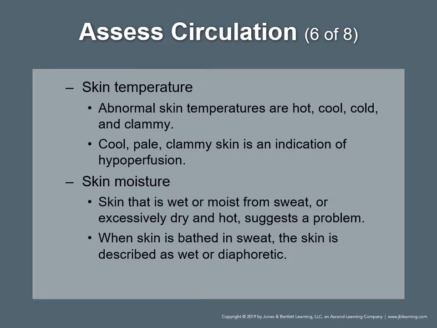Skin condition or moisture, we are normally fairly dry. Not super dry, not super wet. But if I'm just sitting in my front room and it's a normal temperature outside and it's not 100 degrees in my house, I shouldn't be dripping sweat.